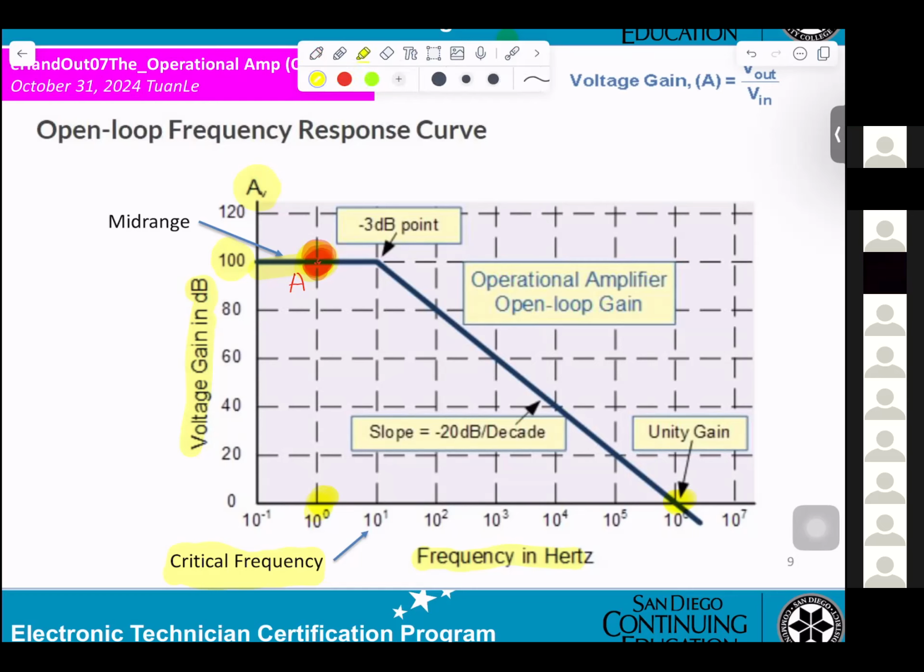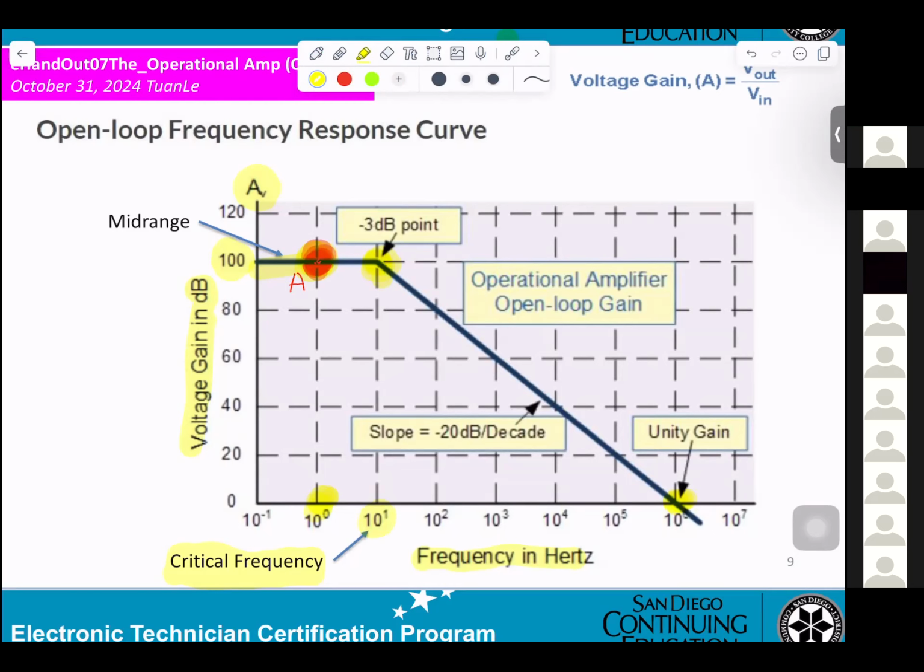The critical frequency at that point would be 0.707 times the voltage. Right. At this point, they go down minus 3 dB, and the frequency will be 10 hertz.